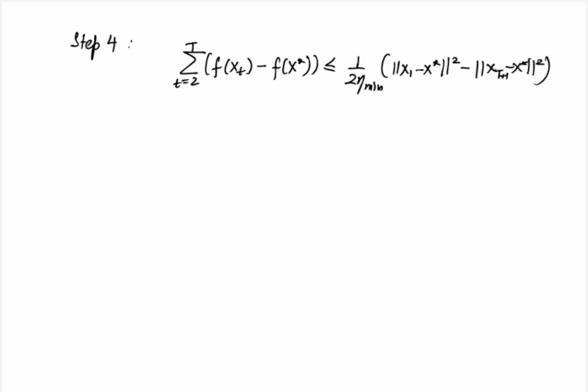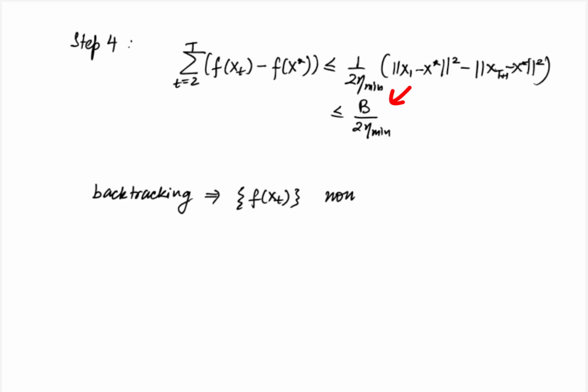So dropping the negative term and using the bound on the norm squared of x1 minus x star, we obtain that the sum over t equal to 2 to capital T of f of xt minus f of x star is less than or equal to b over 2 times eta min. Now in this case, the backtracking algorithm already ensures that the function value is non-increasing, so we don't have to explicitly prove it.